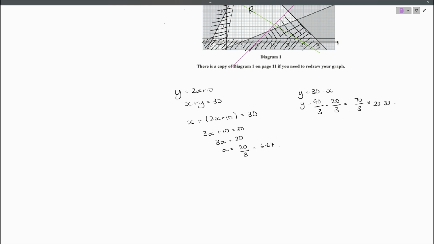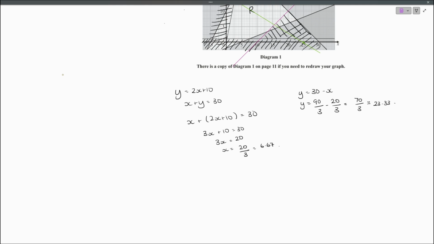So, have we found a solution to this problem? Well, unfortunately, we've not found a solution just yet. Because we can't have a decimal number of fish. So we need to consider the integers around this solution.